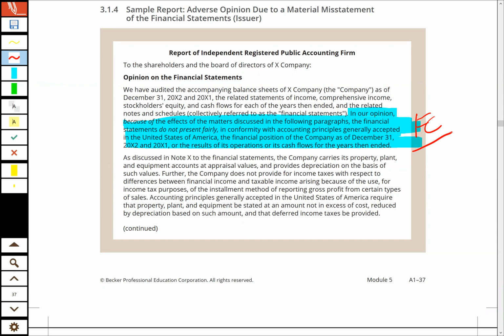All right, so what is our strategy? We're going to sit here and memorize the unmodified, the unqualified report. Why don't they use the same word? I don't know. Unmodified for non-public companies, unqualified for public companies. Then when our GAAP problems start to come up, qualified, we're not going to memorize those reports.